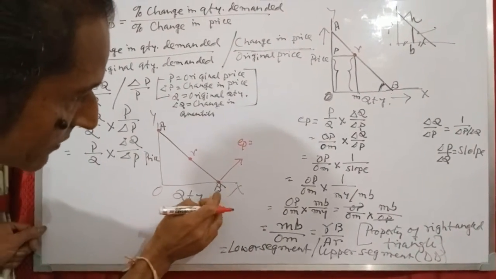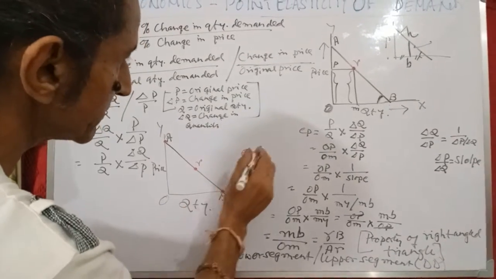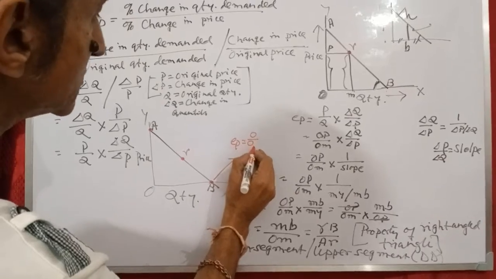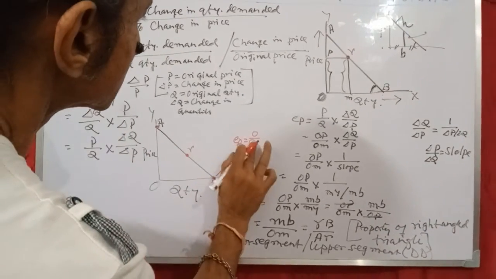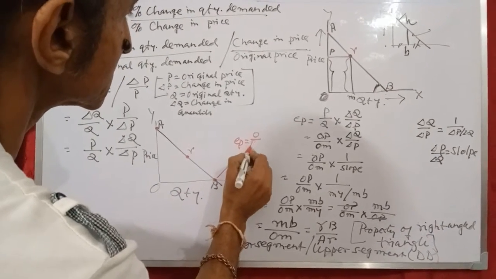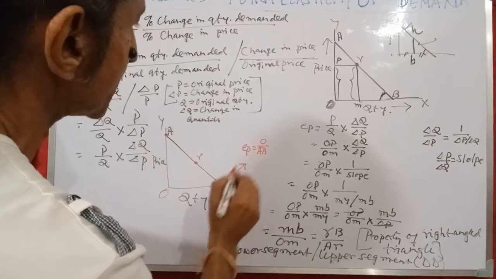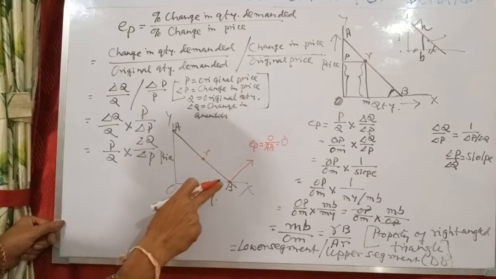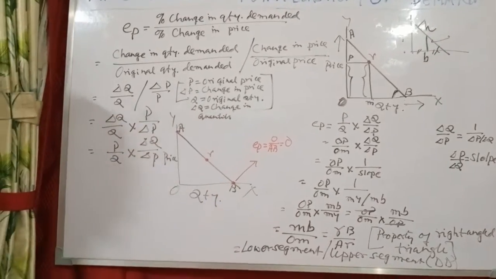There is no lower segment at point B. So 0 by AB. The upper segment is 0. So elasticity at point B is 0.